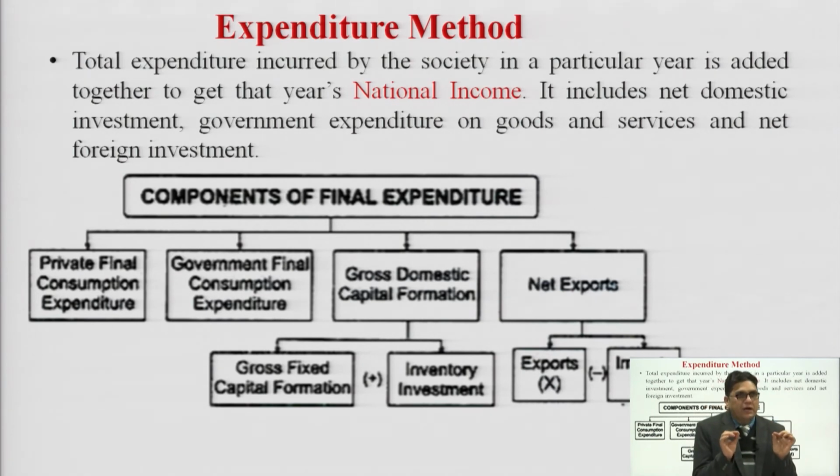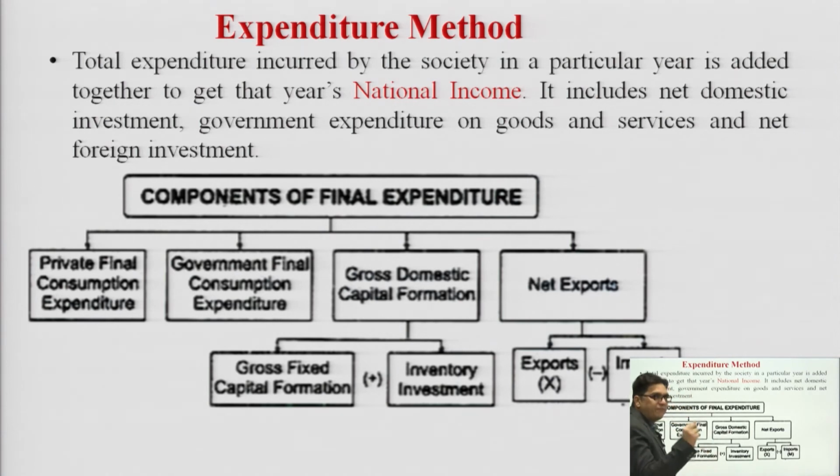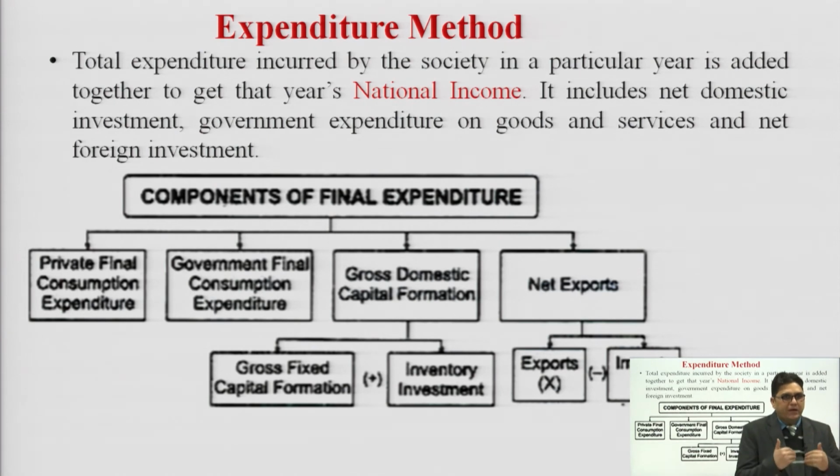Let me recap. The expenditure method utilizes this formula, which has 4 components: private final consumption that we as individuals do, the government expenditure that the government spends on various items, the gross domestic capital formation made on gross fixed capital formation and on fixed assets, then inventory investment, and the net export, how much we have exported from India and how much we have imported from the rest of the world. So, it is export minus import.